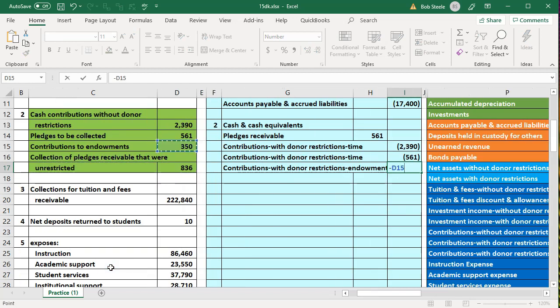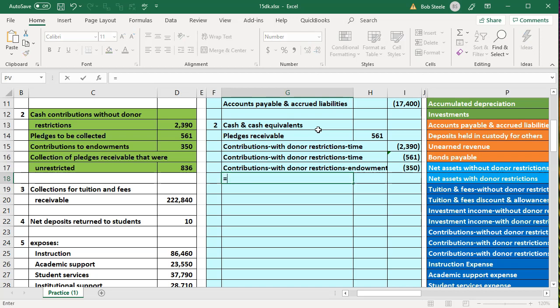That's going to be for the amount of the credit of the 350. And then I'm going to put the pledges receivable, which is going to be decreasing by the collection of pledges receivable that were unrestricted. So this is where we have a collection of receivables we're going to put in the same transaction here, and the cash would then be the debit side. The credit is going to be reducing the pledges receivable now.